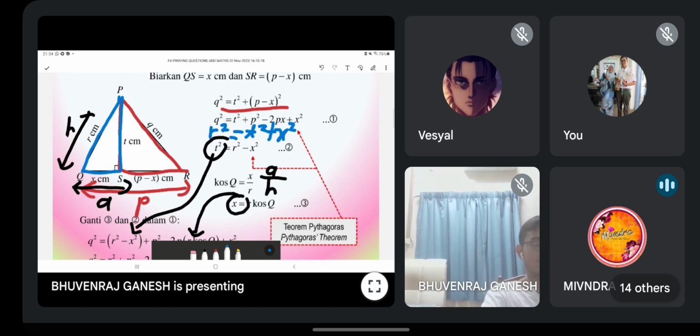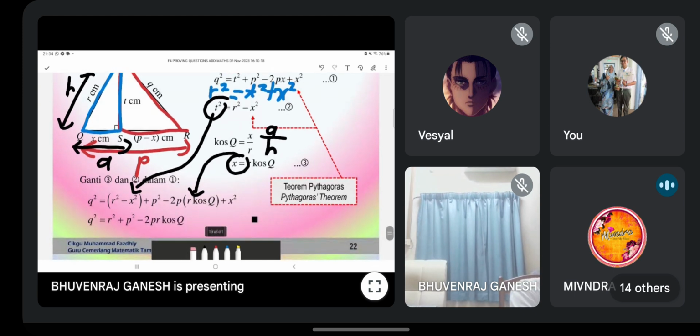Lepas tu cos Q, Q tu sudut Q, adjacent over hypotenuse. So X per R. Lepas tu X jadikan subject matter and you get R cos Q. And then gantikan 3 and 2 dalam first. So Q square equals to T square plus P minus X dalam kurungan square tadi kan.